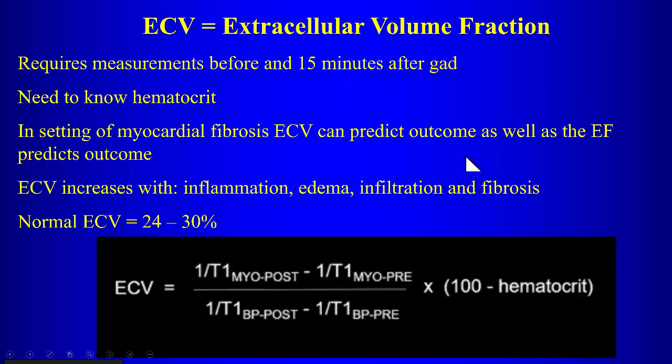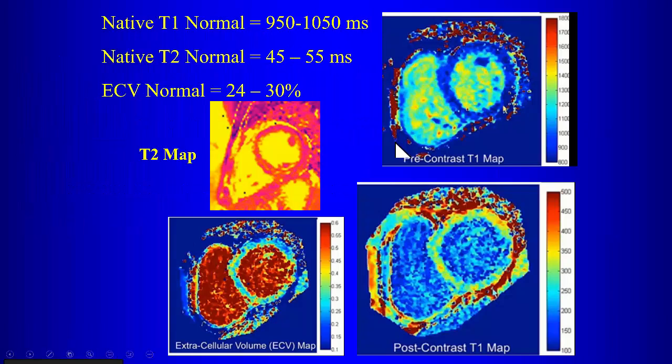And this is why I think clinically T1 mapping is somewhat more useful than this, because that doesn't require that extra information. Okay, so you can calculate native T1s, native T2s, ECV, but the native T1 seems to be the way most centers go. This is what most centers use as part of their protocols when they're doing cardiac MRI.